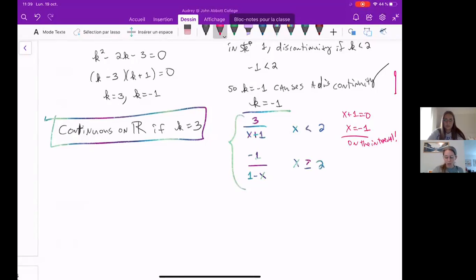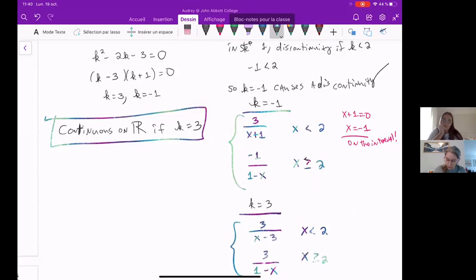Yeah, so the x value matters, but only in the sense that it's an interval of x values, right? If I go and plug in 3 here, we're not going to have the same problem because I will have 3 over x minus 3 and 3 over 1 minus x. And again, the intervals are the same: x is less than 2, and x is greater than or equal to 2.